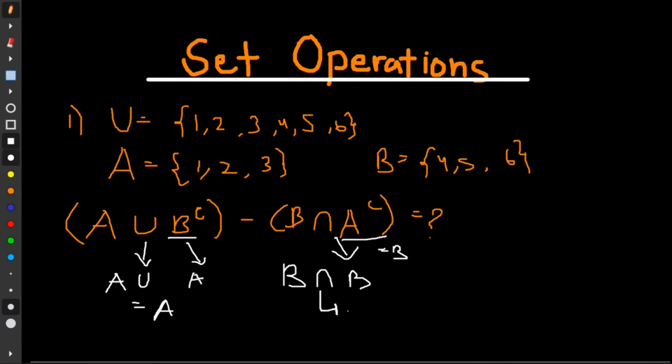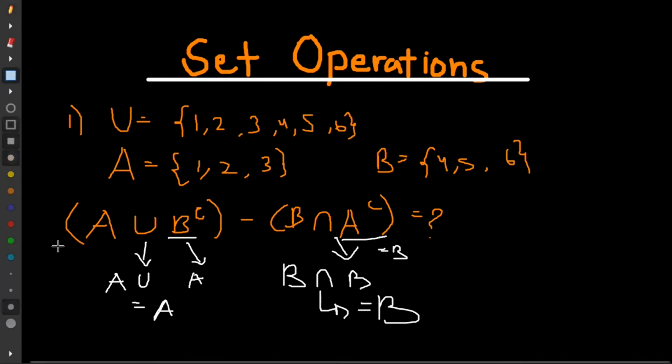Now B intersection B is equal to B, because 4, 5, and 6 intersection 4, 5, and 6 would still give 4, 5, and 6. Since they both have the same elements, their common elements is the whole set.